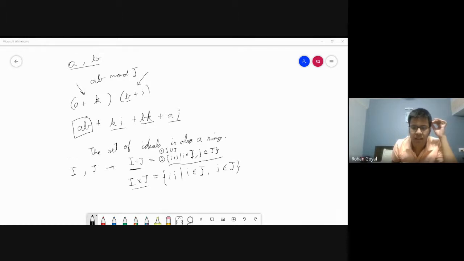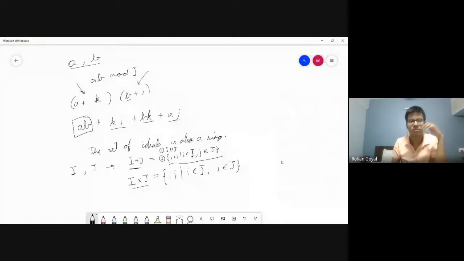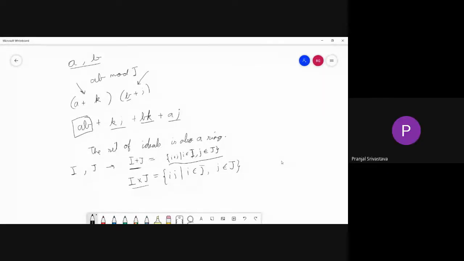Take a stab at it, take a random guess. You can say it if you know as well. Okay, so product of something in I plus J with some element. Just write it out, it will come. Let's do the sum first.